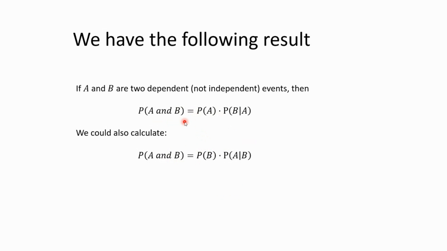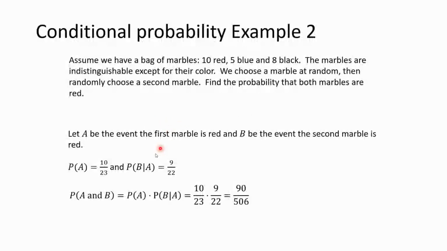That's really nice because now, going back to the previous example, we can determine the probability of both events A and B occurring. In other words, the probability that the first marble is red and the second marble is also red. We already calculated these.